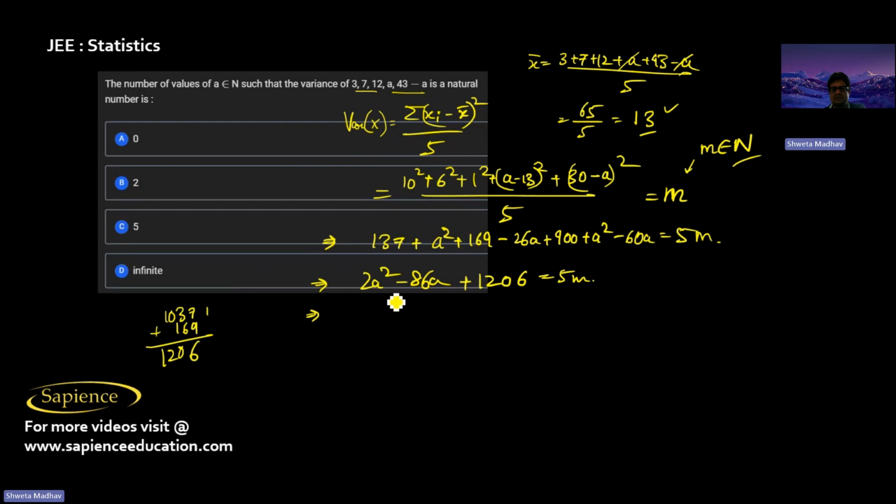So then I can say this will be 2 into a square minus 43a plus 603, that is equal to 5n. So it means this thing should be a multiple of 5.